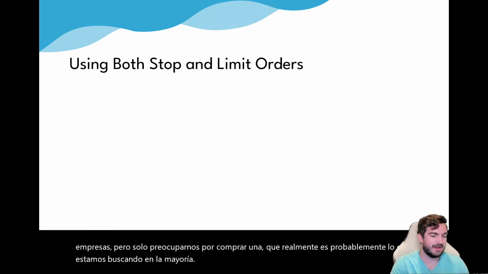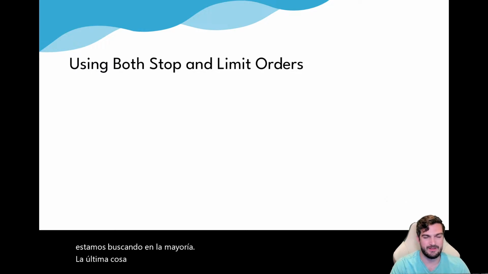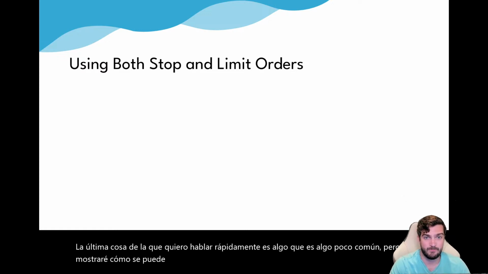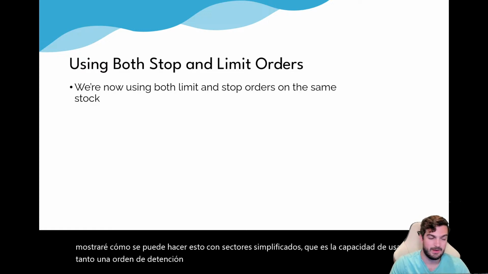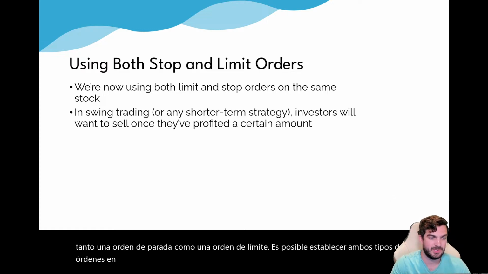The final thing that I quickly want to chat about is something that is somewhat uncommon, but I'll show off how this can be done with Sectors Made Simple, which is the ability to use both a stop order and a limit order. It is possible to set both types of orders on one company.